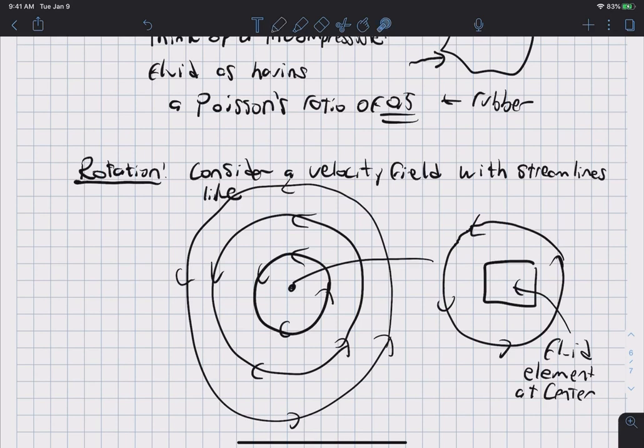This fluid element is supposed to be at the exact center here, but of course my drawing skills are not very good, but that is basically what it is. You could imagine that what this fluid element is going to do, if the velocity field is basically right, is the square is just going to rotate and spin around in circles.